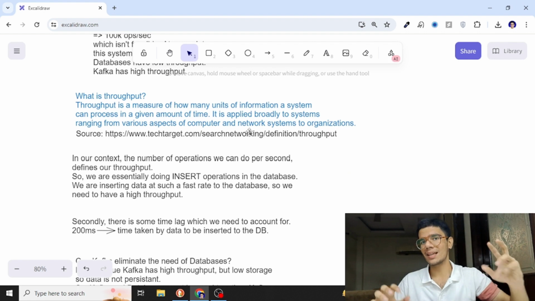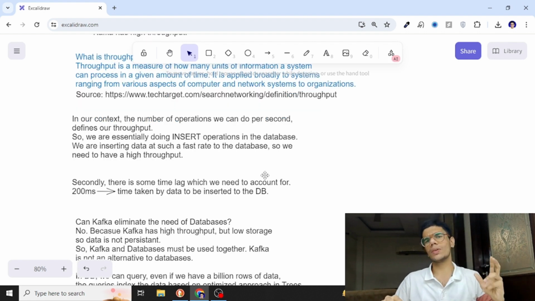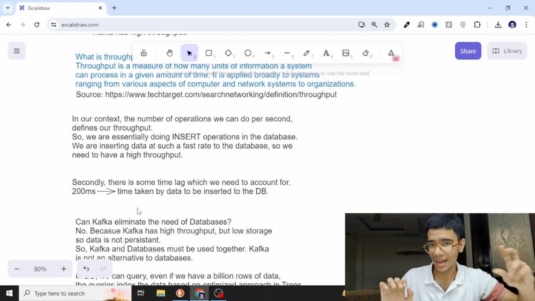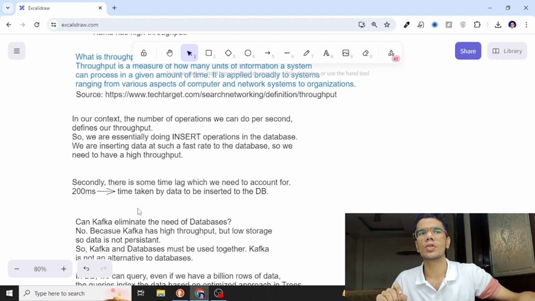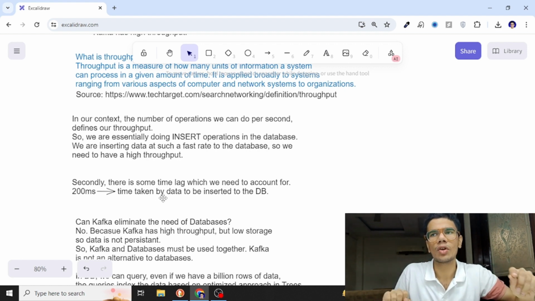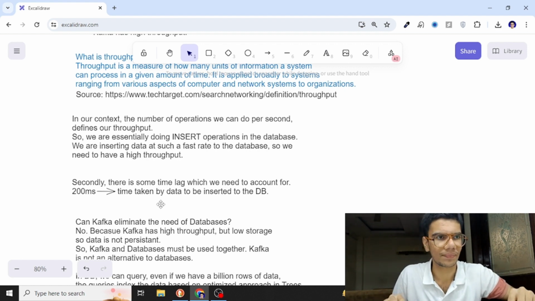Secondly, there is some time lag, which we need to account for. 200 milliseconds is approximately the time taken for data to be inserted into the database. This can be any hypothetical figure, and I've taken 200 milliseconds, but there is some time which is required for the data to be inserted into the database. It is not exactly 0 milliseconds lag, so it is not real time.